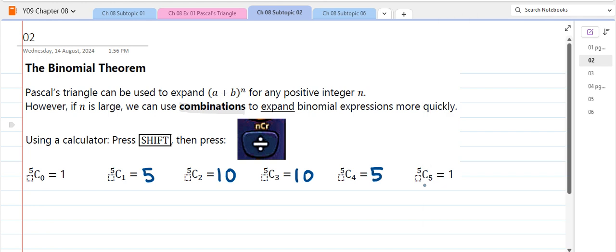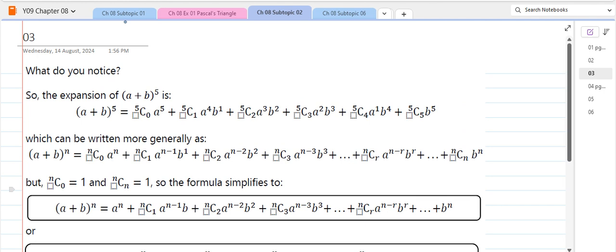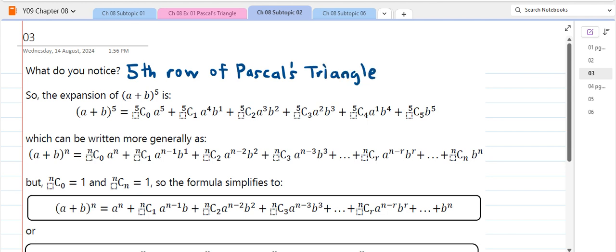If you notice, these numbers are actually the 5th row of Pascal's triangle, aren't they? So in a way, you don't have to memorize Pascal's triangle. It's enough to use the calculator to find out the expansion of a binomial term.